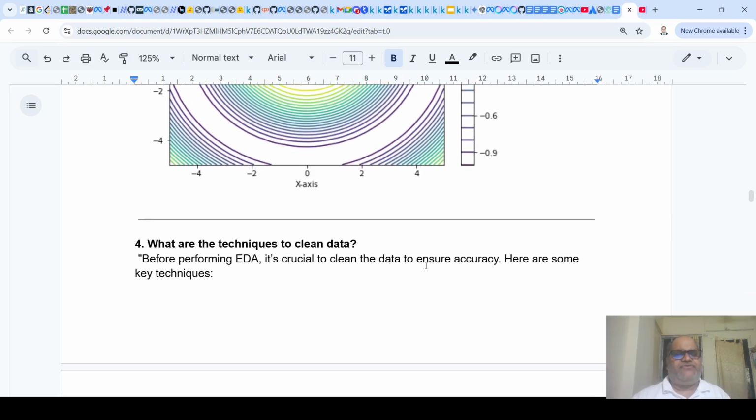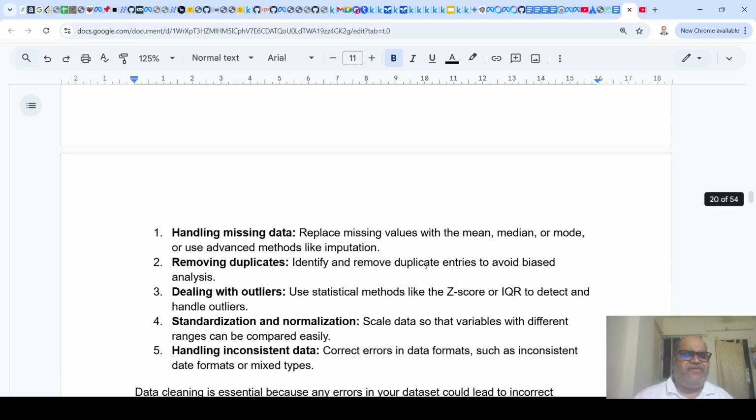Now, once you have looked at your univariate and multivariate analysis, the next step could be that based on whatever you have observed, do you need to do the next level of data cleaning? And in terms of data cleaning, we'll look at some of the common steps.